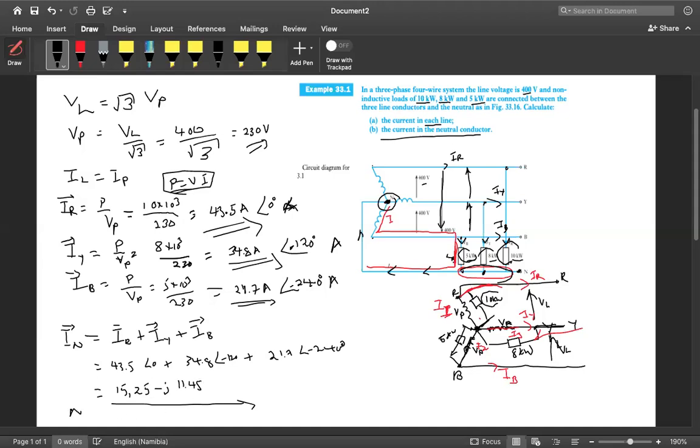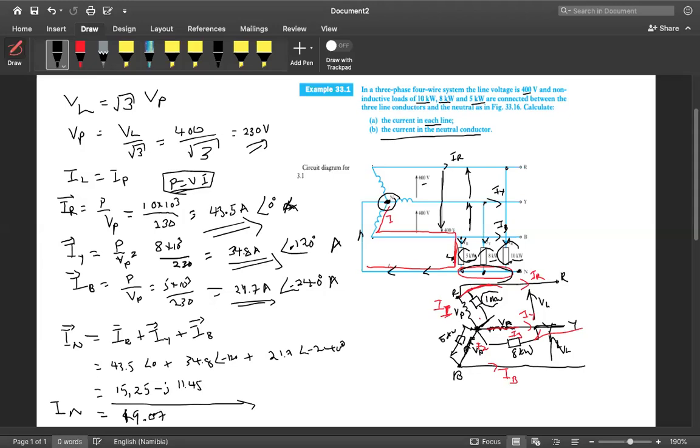Then your IN is a magnitude. You change that to polar form, so you do 15.25, minus j 11.45, which gives us about 19. It depends, so I kept this one: 18.98, that was a 19 for me.